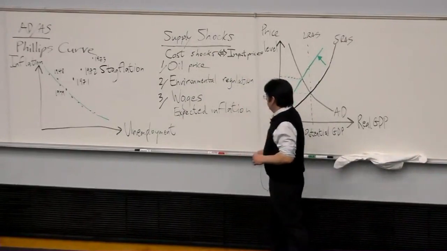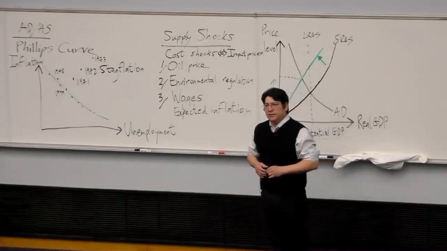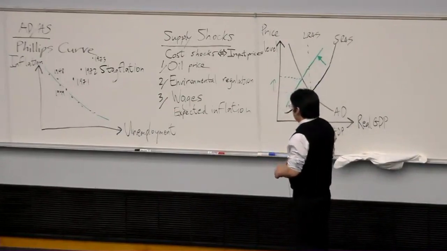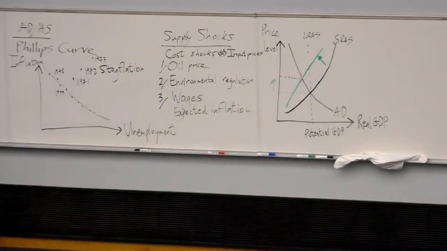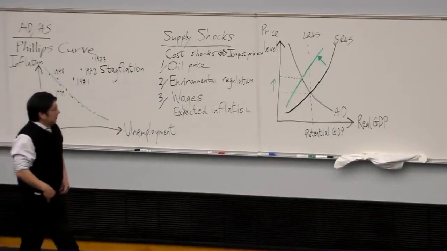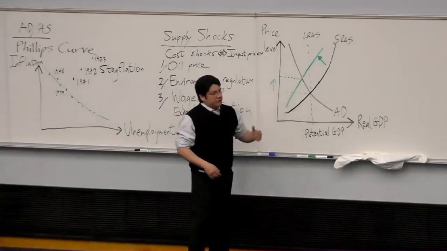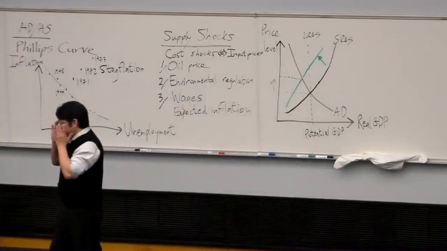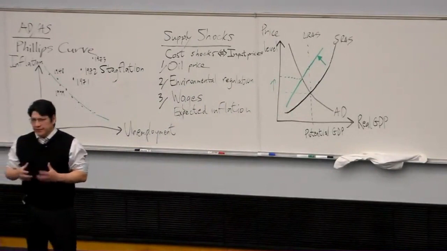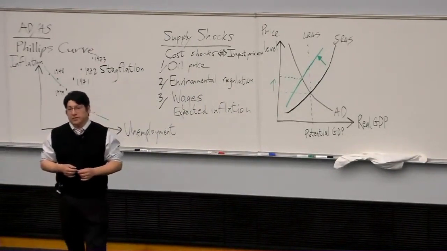What about expected inflation? Well, what's going on with expected inflation here? I guess the question is, if we're going to think about how expected inflation might affect us and whether it might cause some sort of supply shock, we need to spend a little bit of time thinking about how inflation forecasts are formed.